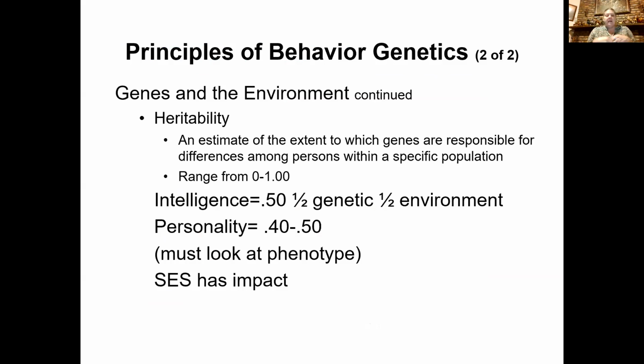What's the percentage of that? The range is from 0 to 1. Things that are heritable, basically inherited traits genetically, are intelligence. And intelligence, we can say, is about 0.50, like half based on genetics, half based on environment.